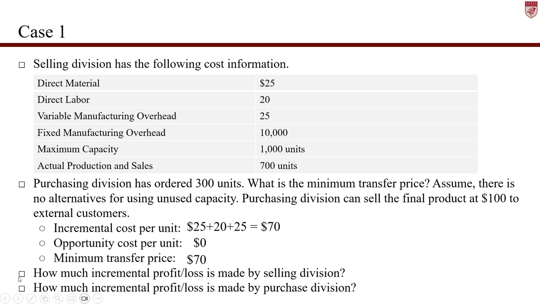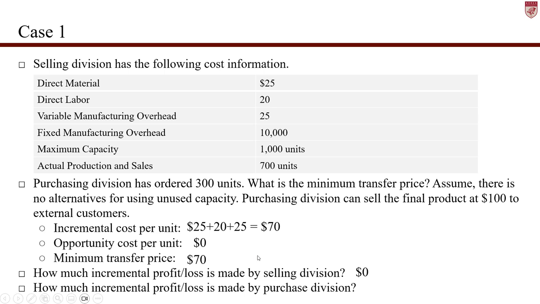Now, there are two different questions. If we set the transfer price to be the minimum transfer price, then what is going to be the incremental profit or loss made by each division? First off, from the perspective of the selling division, the price is $70 and the cost is $70, which means there's no profit or loss.